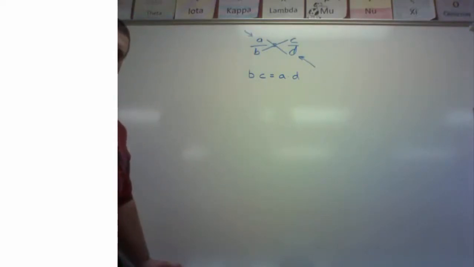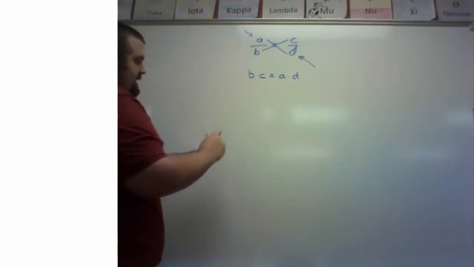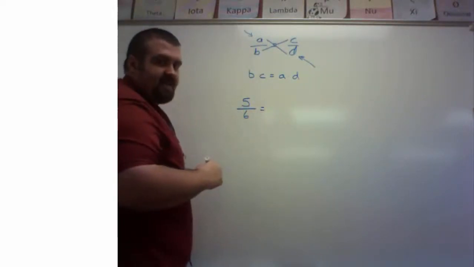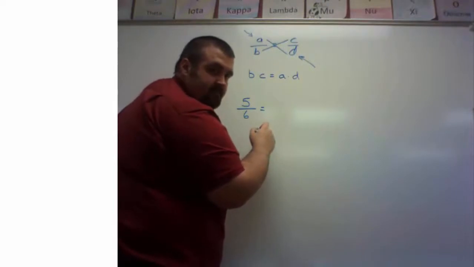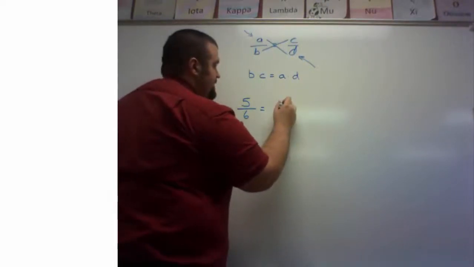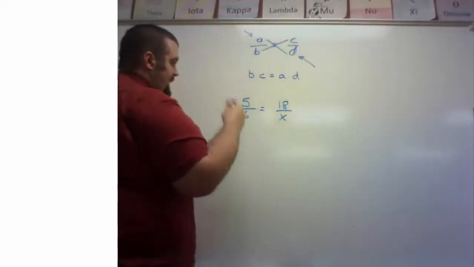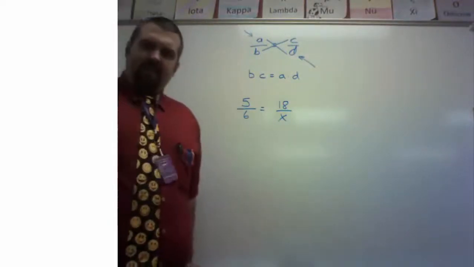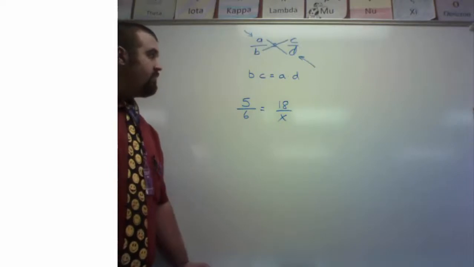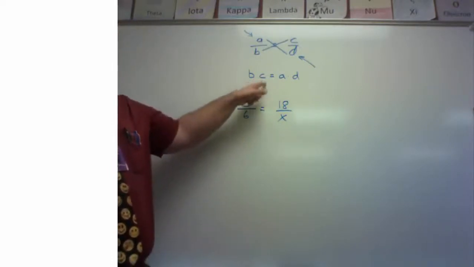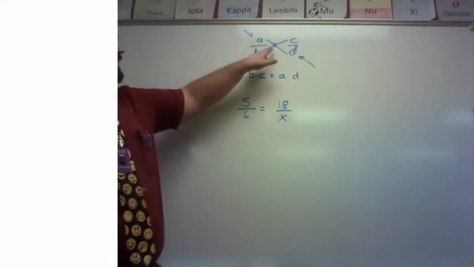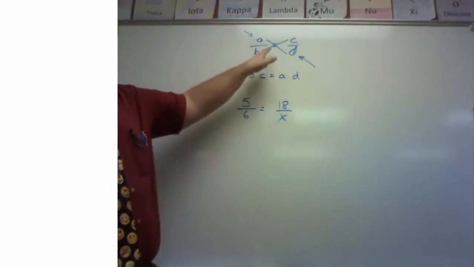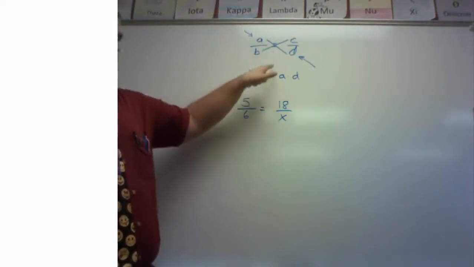So I have a few examples on this slide. If I was trying to solve for a variable here, and I know it's 5 to 6, and 18 to X, I might look at this and say, how would I find X? Well, the cross product property tells me that if I have a proportion, I can do the cross product, and these two are equivalent statements.